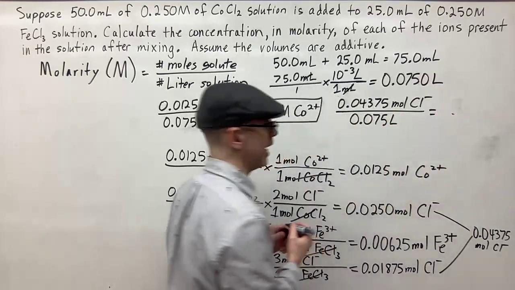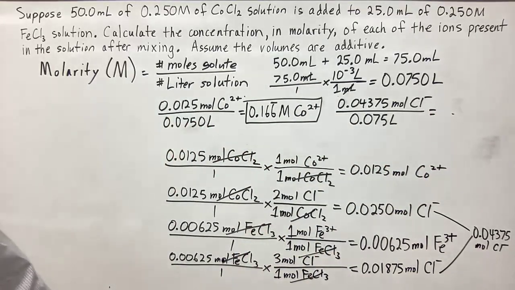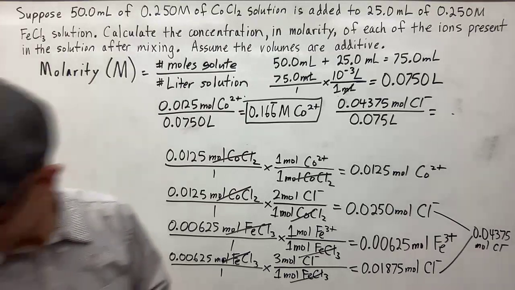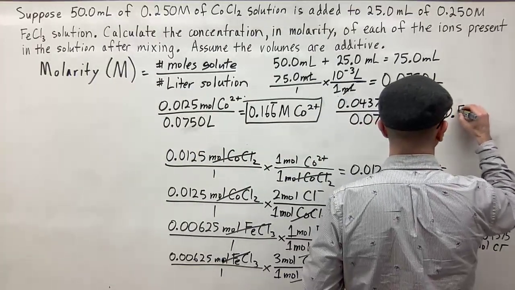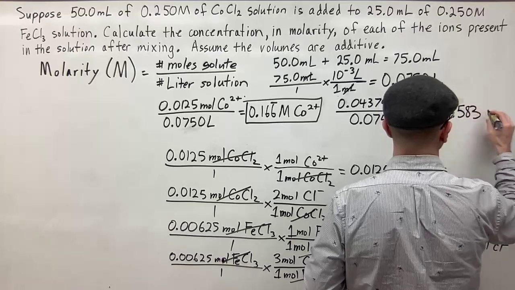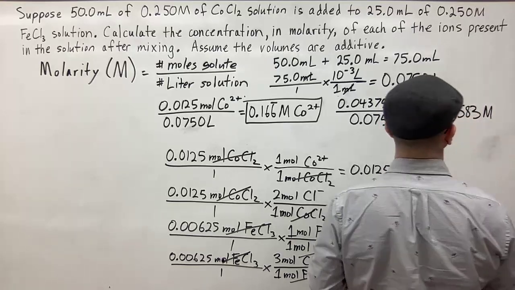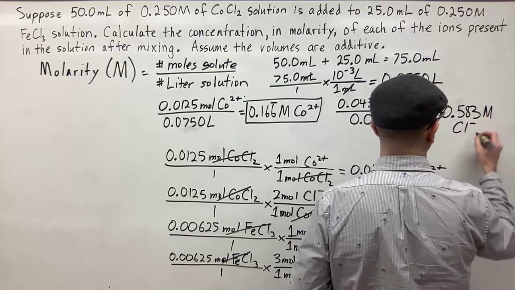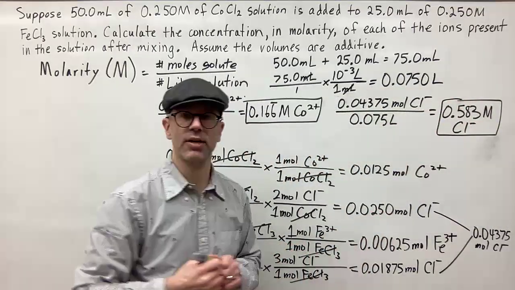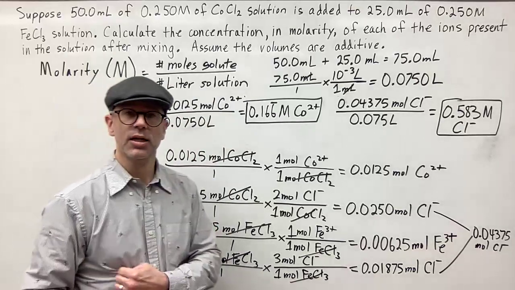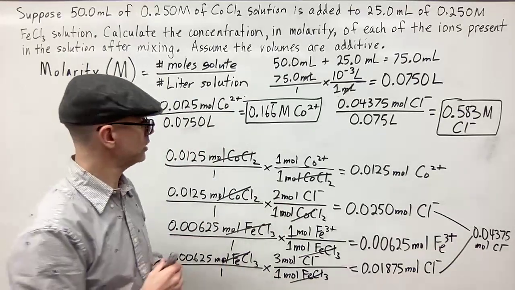And when I divide that, I get the answer 0.583 molar Cl minus. So that's the molarity of Cl minus in the mixed solutions.